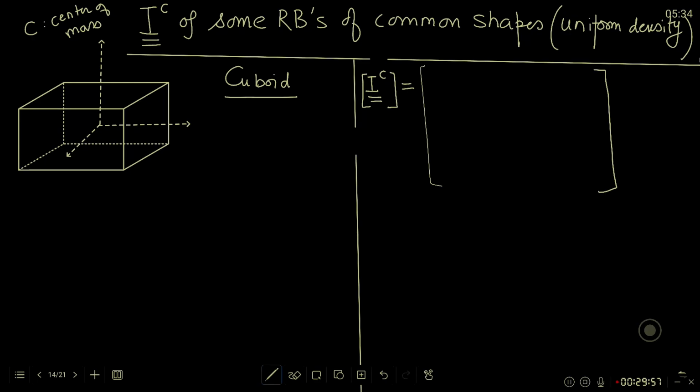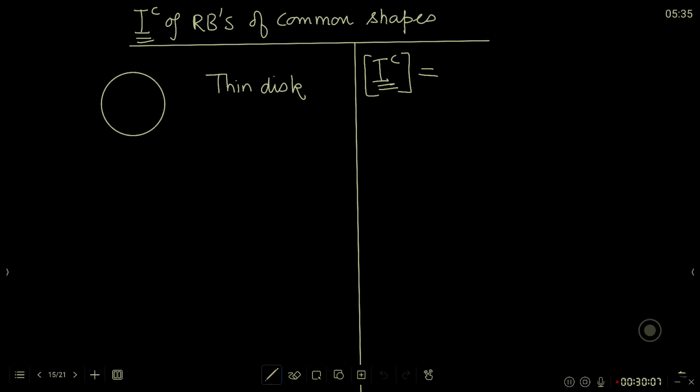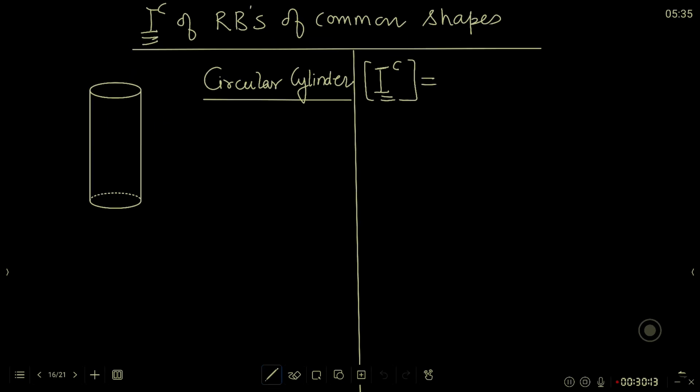We will also do that for a thin disk, and we will do the same thing for a circular cylinder. Trying to find the inertia matrices of these three shapes will be again good enough for the problems that we will see in this course.